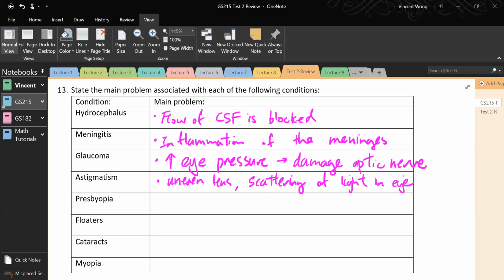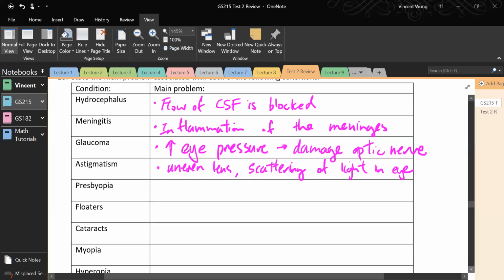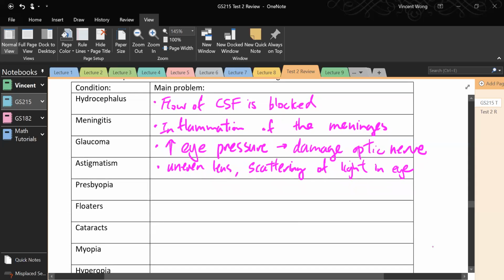For those of you who actually have astigmatism, I have astigmatism as well, you will find that it's particularly difficult to see things at night without your glasses, because all the lights would be scattering in the eye. If it's raining at night, it's very difficult to drive because of that reason.